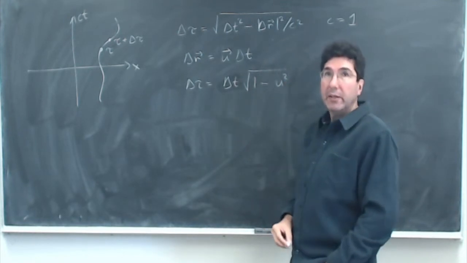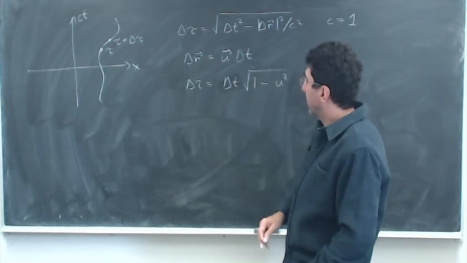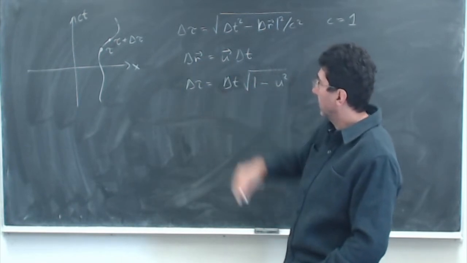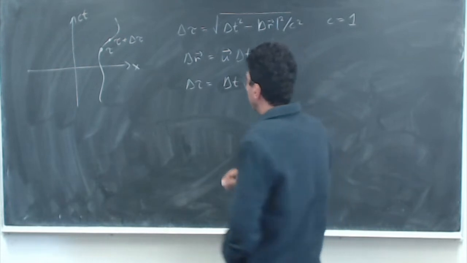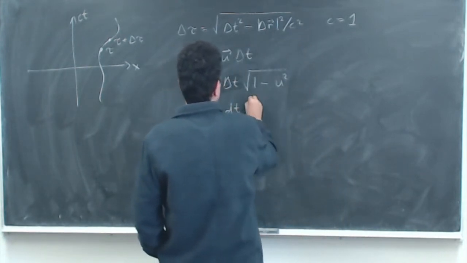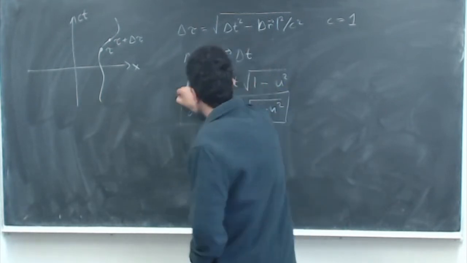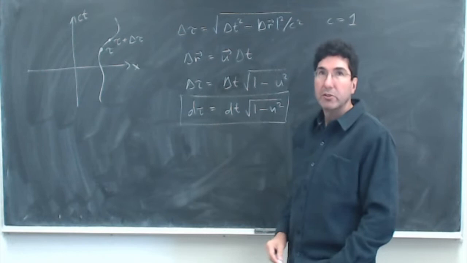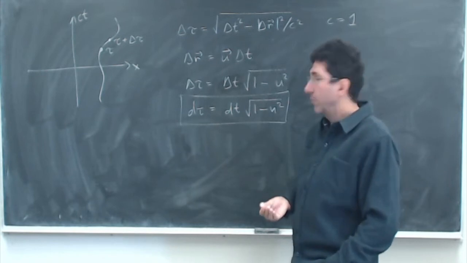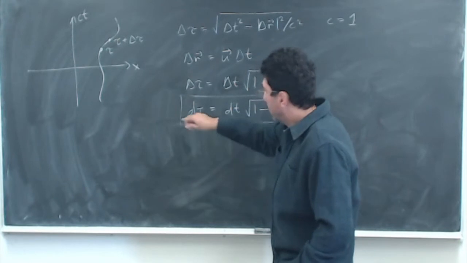So now we can take the infinitesimal limit. We just take delta t to 0 and delta tau to 0. We can write this as d tau equals dt times the square root of 1 minus u squared. Now, the way to look at this formula is that d tau is the change in the proper time.